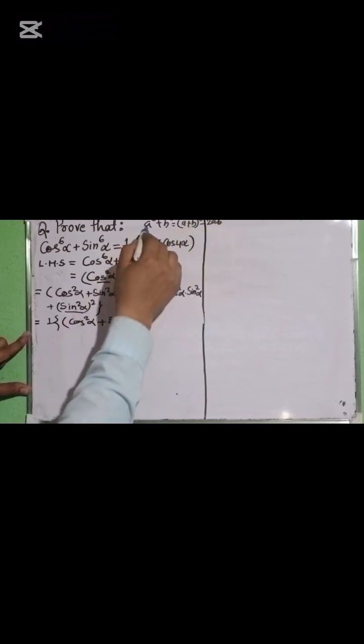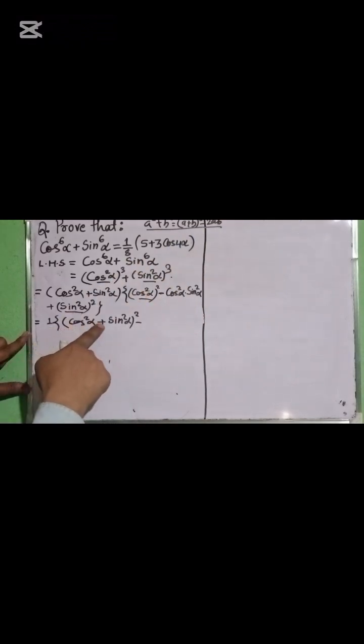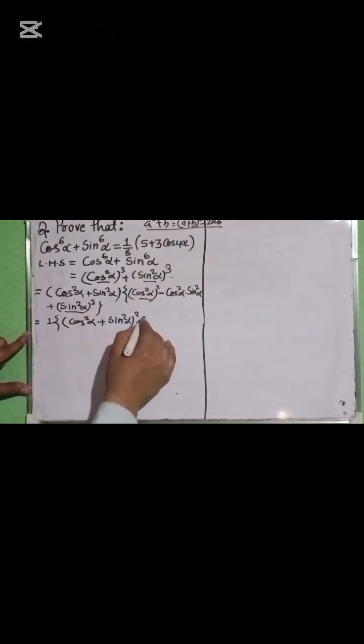This formula we are using here, with a being cos square alpha and b being sine square alpha, a plus b whole square minus 2 into cos square alpha into sine square alpha.